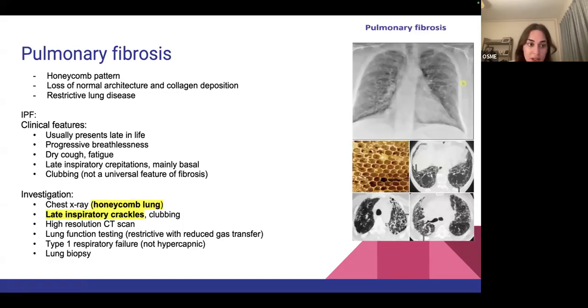This can be idiopathic, and while it occurs throughout life, patients will only really present later on with progressive breathlessness. A key thing will be late inspiratory crepitations in the basal regions. And the question will again mention this whole thing about a honeycomb lung.